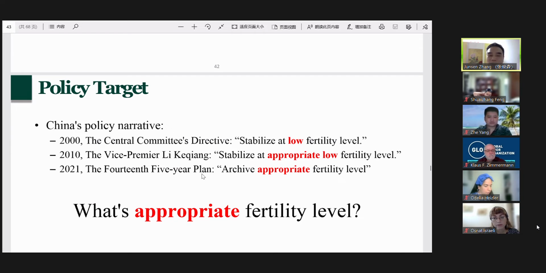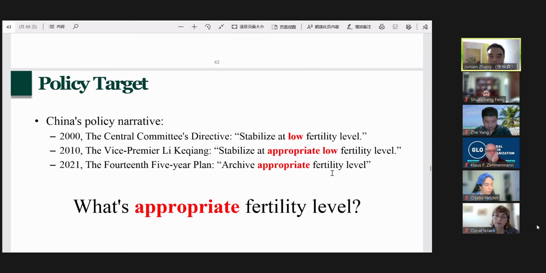In 2010, Premier Li Keqiang said to stabilize at the appropriate low fertility rate. In 2021, the 14th five-year plan achieved an appropriate fertility level. So there is a change in the policy direction. Now the question is, what is the appropriate fertility level?